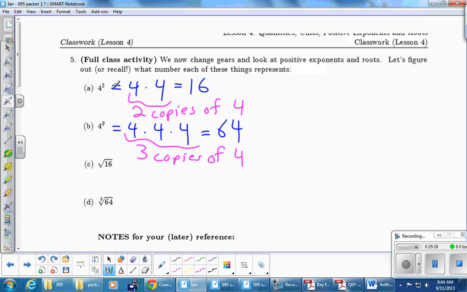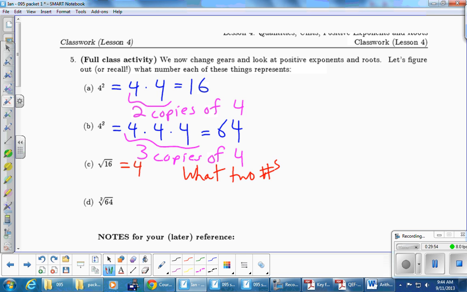Let's come down here to part C. Different from the previous problems. How do we say that thing out loud? Square root of 16. What's the answer? It is 4. This one is going to be a little bit harder for me to write out why it's 4, but why is it 4? What 2 numbers?